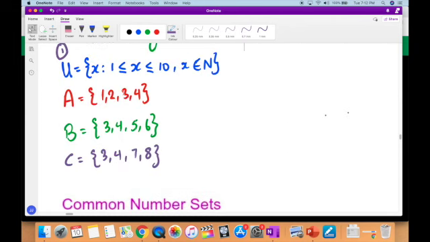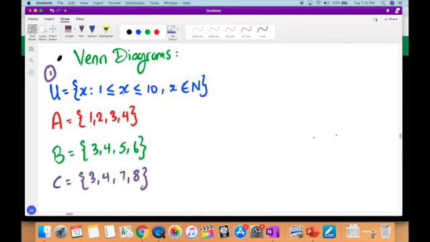So let's get with this first one now. In terms of Venn diagrams, this first one should be easy. Now we see here the universal set. The universal set is always called U. So once you see a set called U, you can assume that's the universal set. U is the set of numbers such that those numbers are between 1 and 10, including 1 and 10, where those numbers are natural numbers.